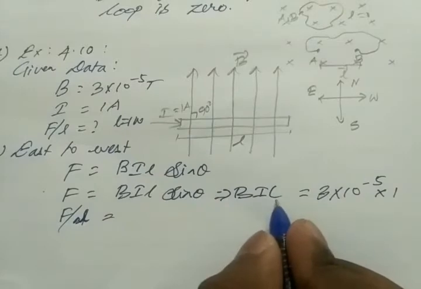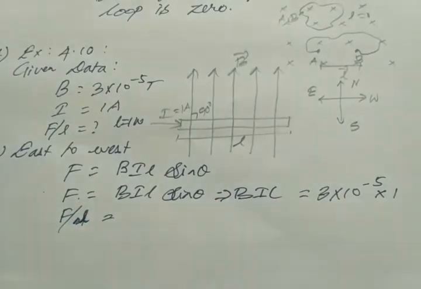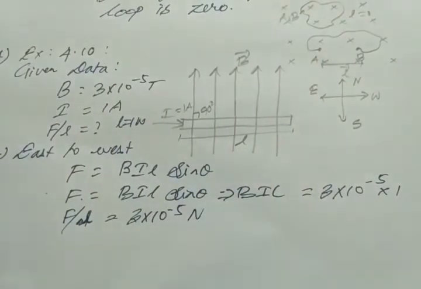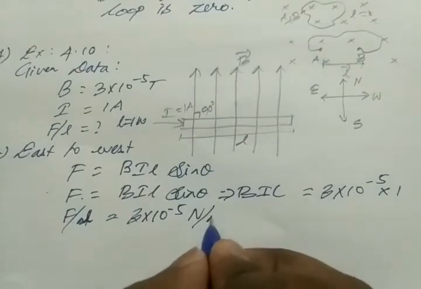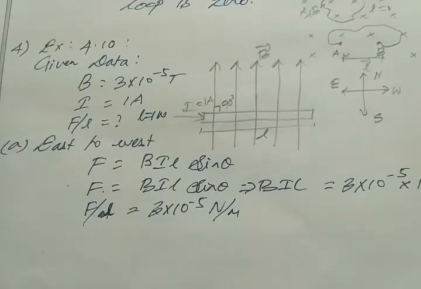So we take this L outside the equation to the left hand side. So force per unit length equals 3 into 10 power minus 5 Newton per meter, because we have per unit length. Clear? So this is my first question.